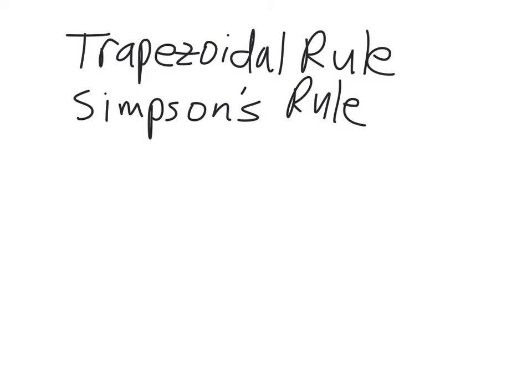So at least you need to have those formulas written down on your sheet of paper. So make sure you know how to use those formulas as well. So it could be 1 or 2 problems on that from approximating.